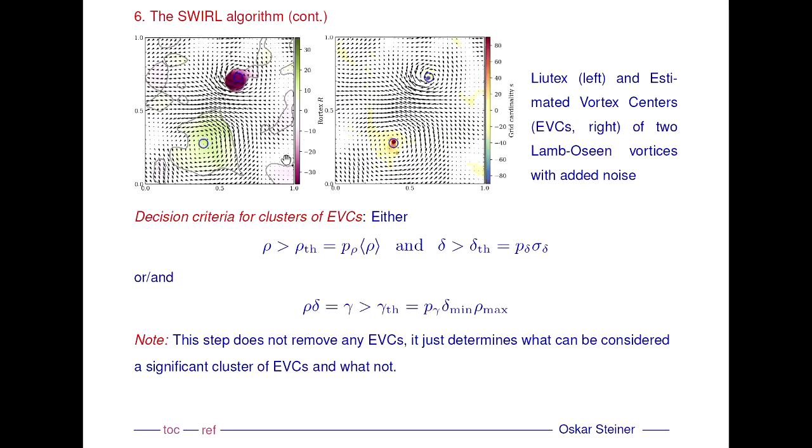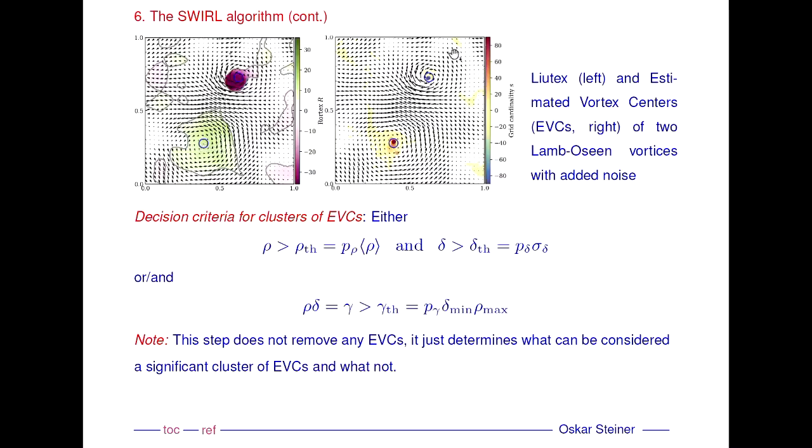So this plot here shows, for example, an artificial flow. We put here 2 Lamb-Oseen vortices plus noise, quite strong noise. And then these colors show the Liutex. Now you see the Liutex here is kind of maximum out here, which is not exactly where the Lamb-Oseen vortex has been placed.